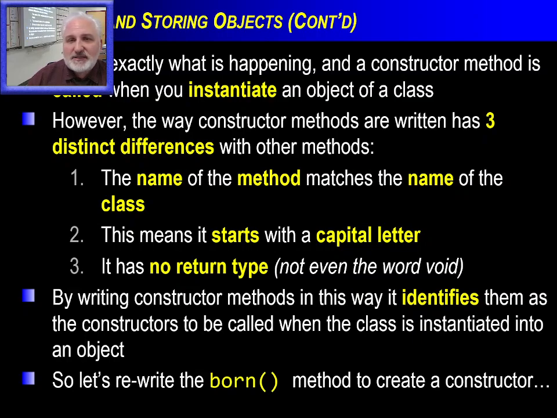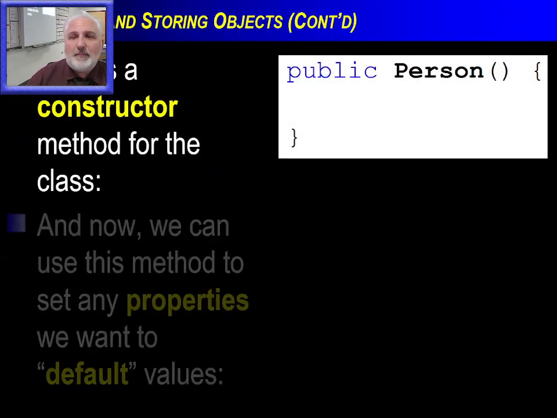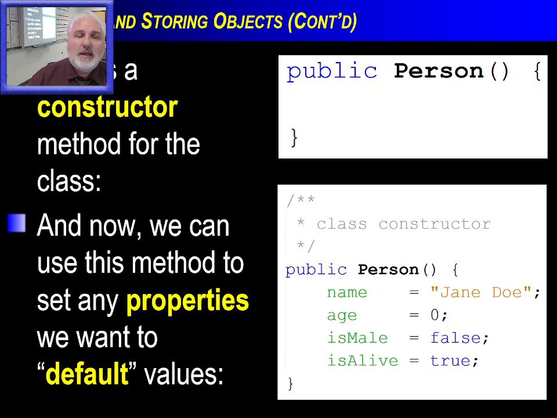That's generally a Java style, not necessarily transferable to other programming languages. But the most important thing about the constructor method is it has no defined return type, not even the word void. You intentionally leave the word void out to signal that this will be a constructor method. So you can see in our example, we rewrote the born method as the constructor for the Person class, in other words, a Person constructor. When a constructor method has no parameters, it's defined as a default constructor.